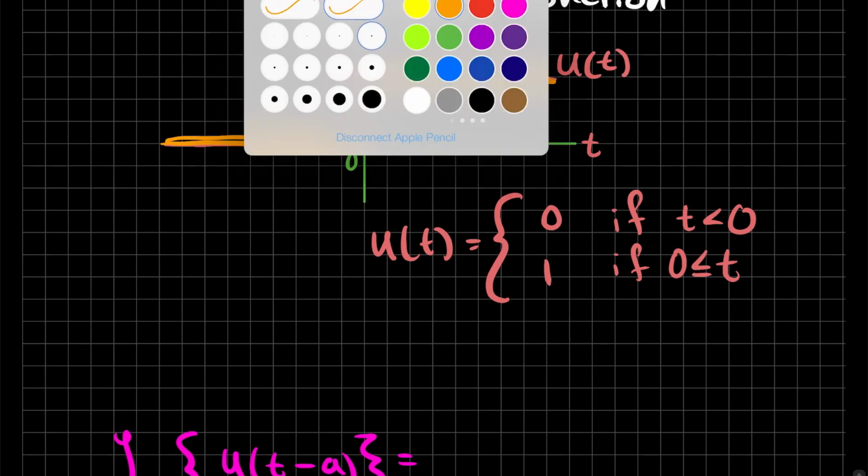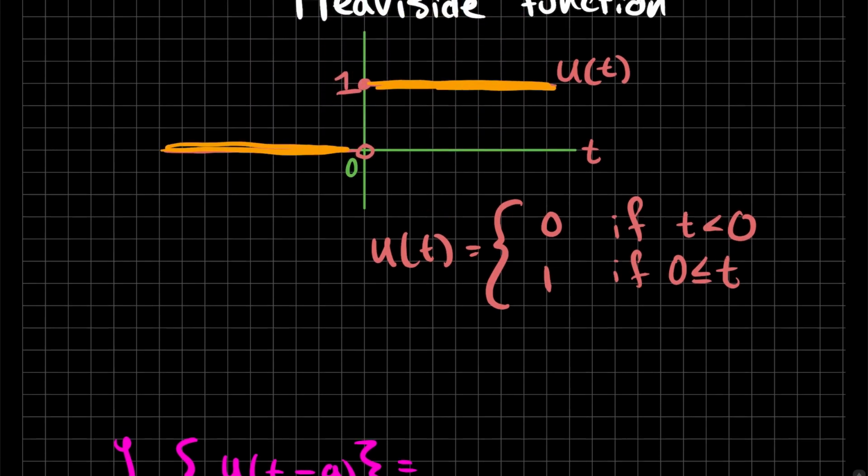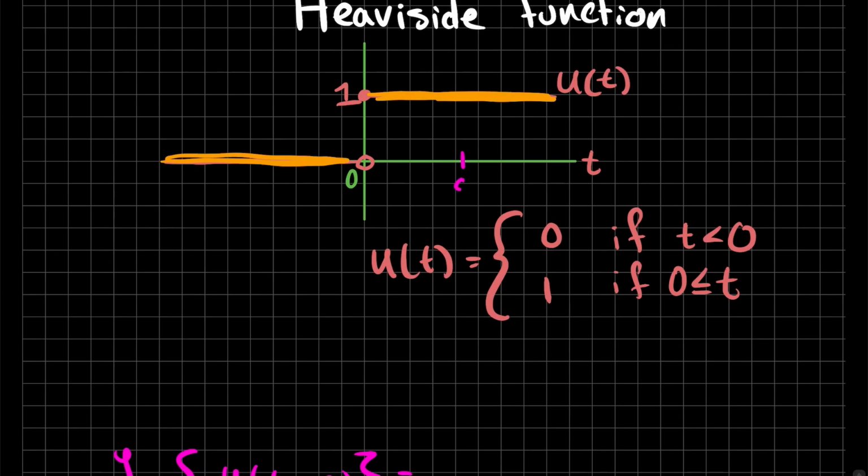So let's look at our graph. Let's say a is somewhere over here. All we're really doing here is just shifting the graph over. So it's equal to 0 on the left side of a, but at a and afterwards it's equal to 1.